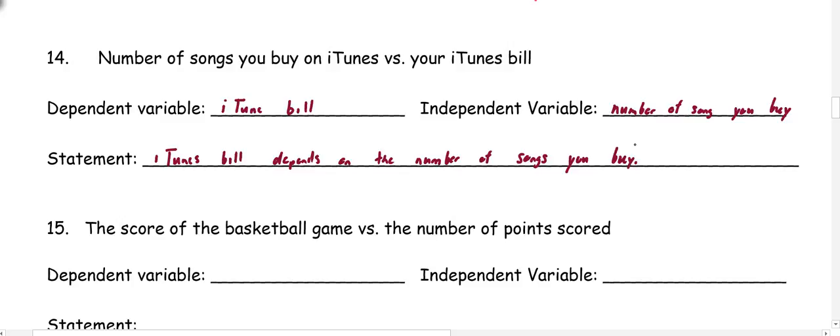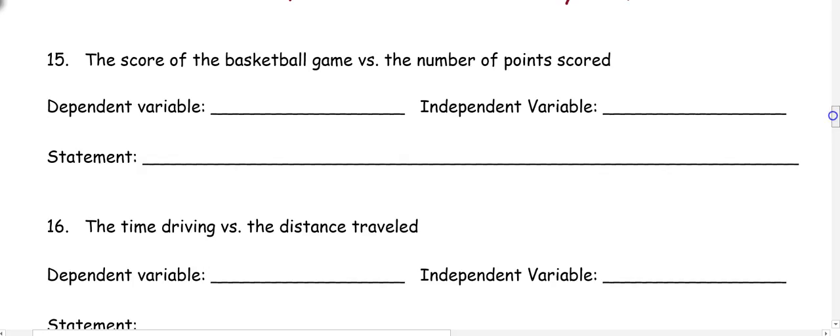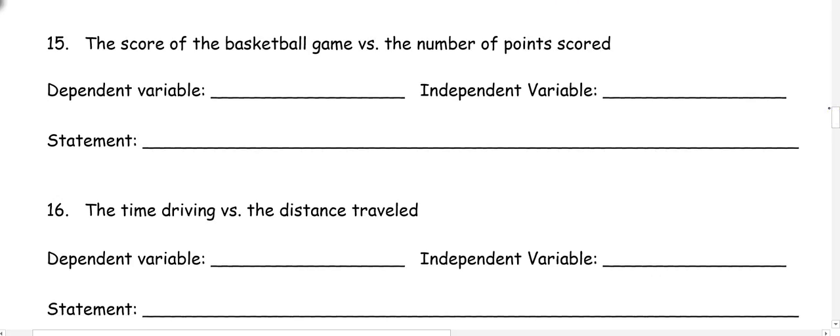Number 15, the score of the basketball game versus the point score. So in this case, think about a basketball game and people are shooting the ball into the net, and the more times it goes in the net, the more points that are scored, so the higher the score of the game goes. So we would say that the score of the basketball game depends on the number of points scored.